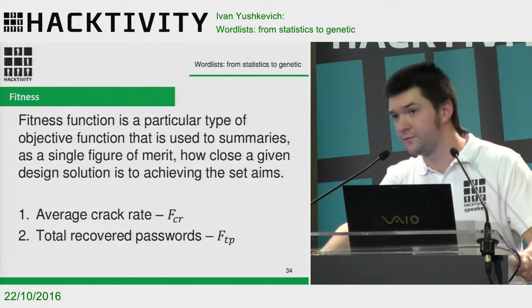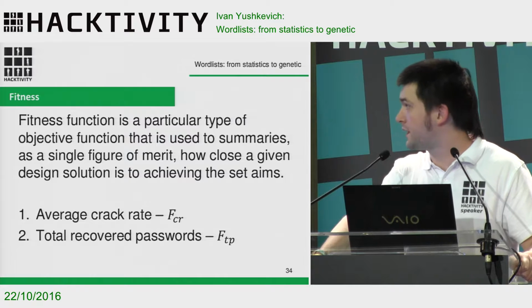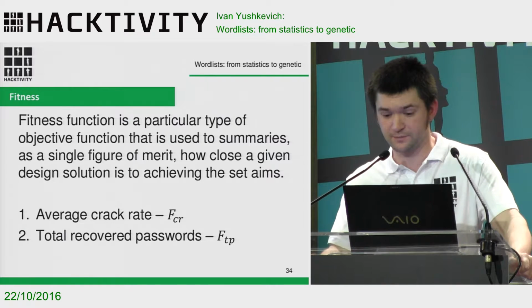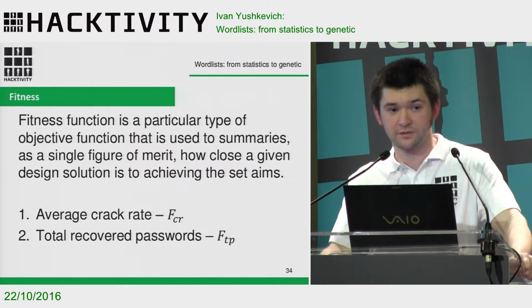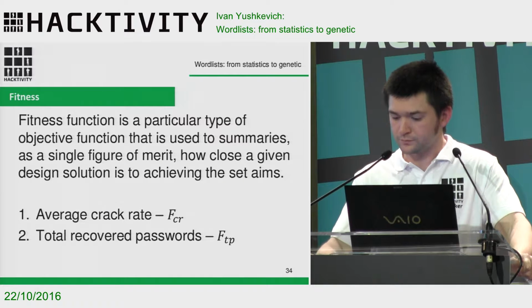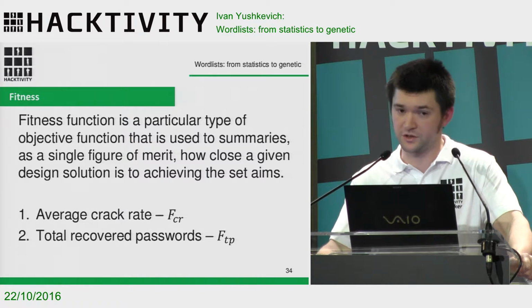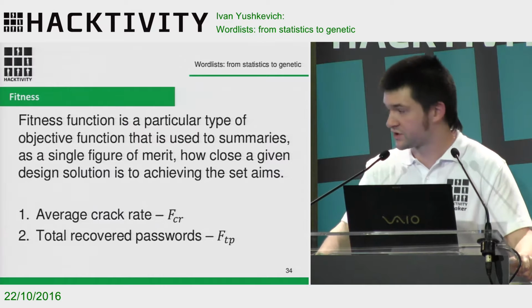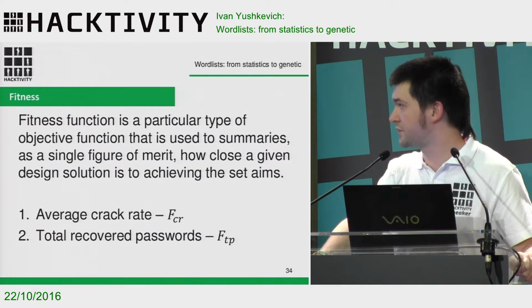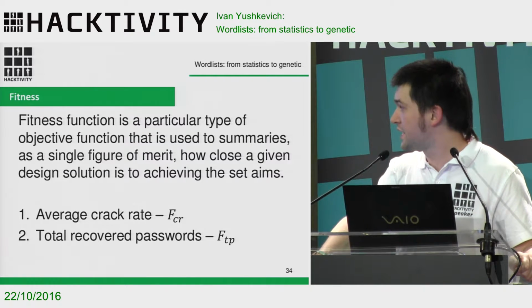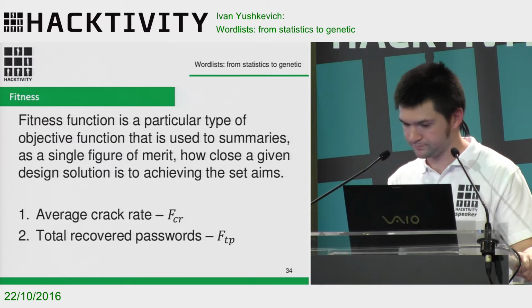Fitness function. The fitness function is one of the main parts of genetic algorithms. Relying on its value, we decide whether our goal is achieved or not. So for testing I chose 2 types of it: first, the average crack rate of the dictionary, and second, the total recovered passwords.